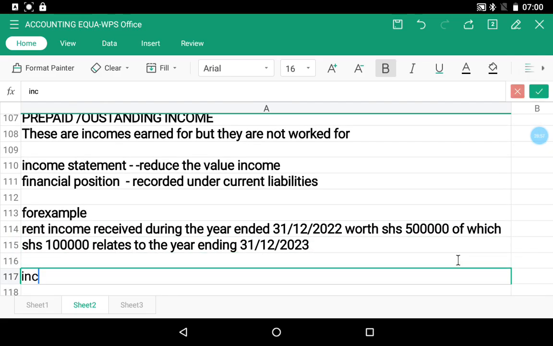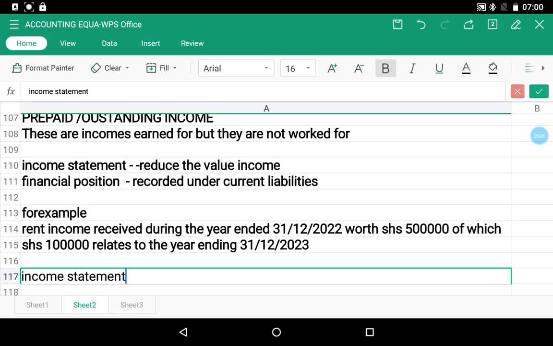We have said under income statement, rent income received during the year ended 31st, worth 500,000, of which 100,000 relates to the year ending.